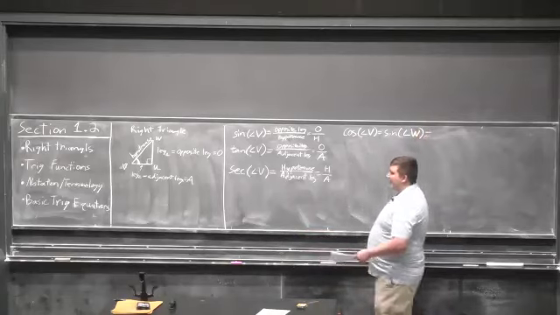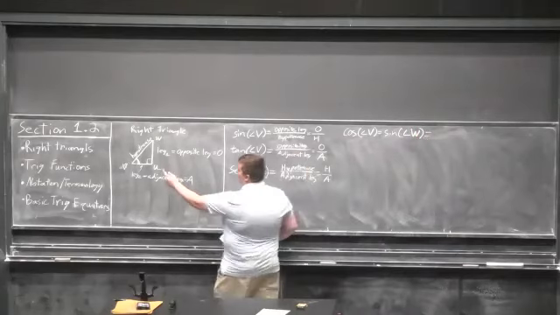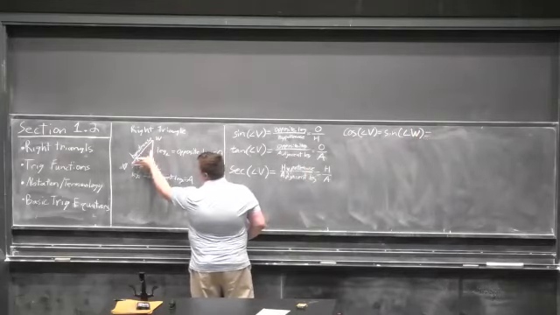Well, if I have the sine of angle W, I'm going to be looking at the opposite leg and the hypotenuse.